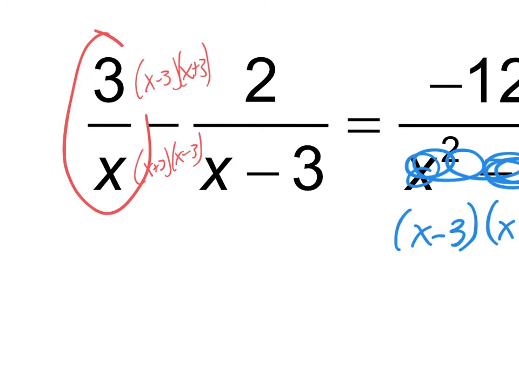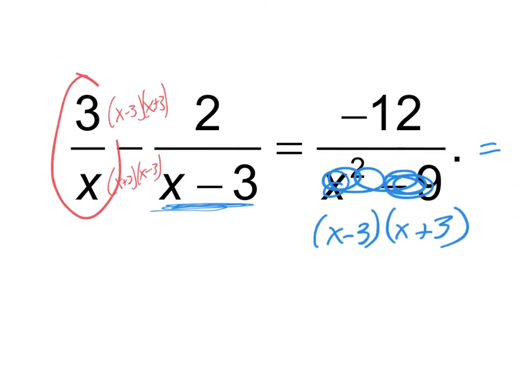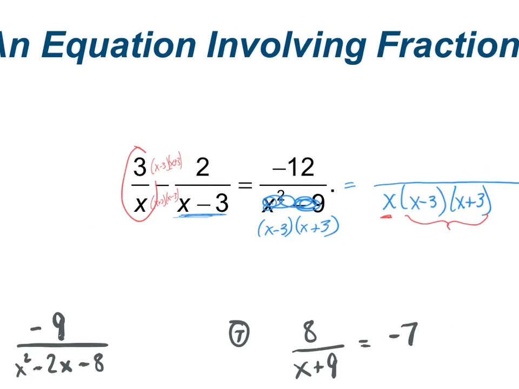So I look at this second denominator here. Compare it to the big common one we made. It already has the x minus 3. What are the two pieces that it's missing? The x plus 3, and what else?